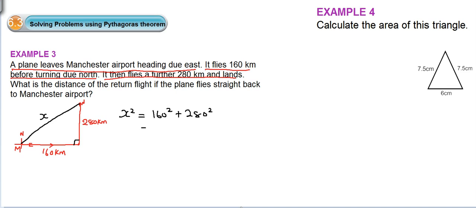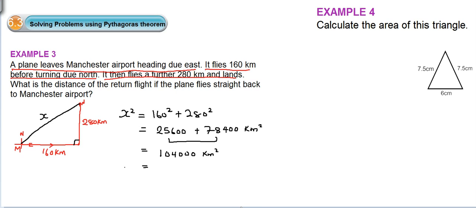If we plug that into our calculator, 160 kilometers squared is 25,600, plus 280 kilometers squared gives us 78,400 kilometers squared. If we add these two together, we have 104,000 kilometers squared.